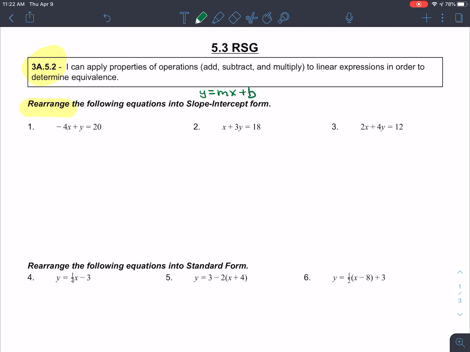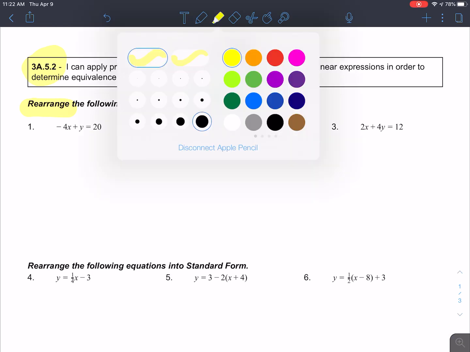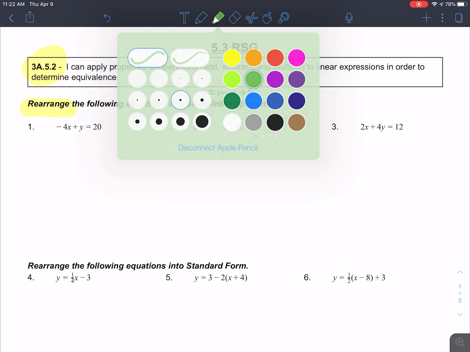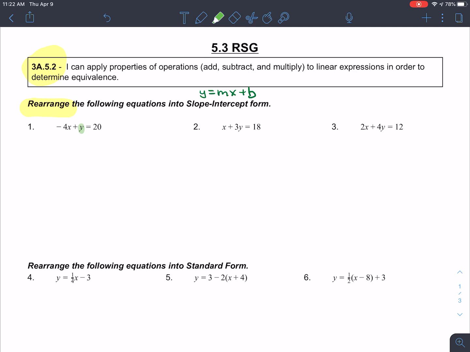So when we look at number 1, what do we notice? Here's our y. It's not alone. All right, I must get y alone. So that means I must add these 4x's to the other side because that will undo the negative 4x's.